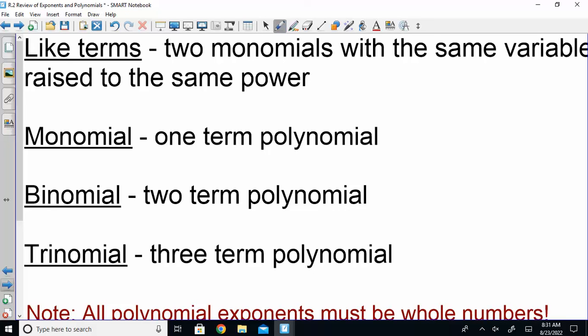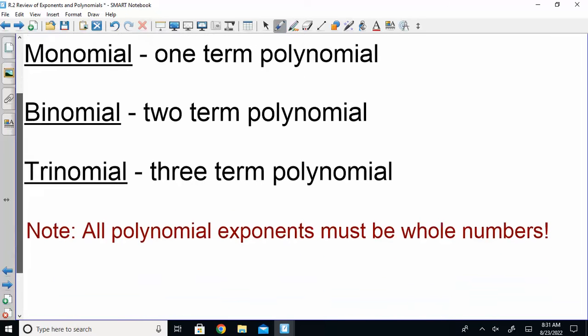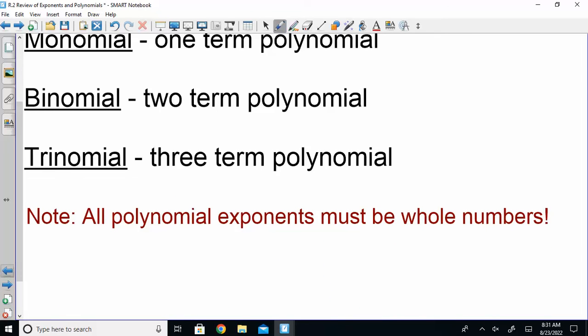Within our terms, we'll talk about monomial, binomial, trinomial. What does monomial mean? 1 term. Binomial, 2. Trinomial, 3. And then anything beyond that, what do we just call polynomial? Just means more than. All of those are technically polynomials as well, but anything beyond that we just refer to as polynomial. The key, if it's a polynomial, your exponents are whole numbers.